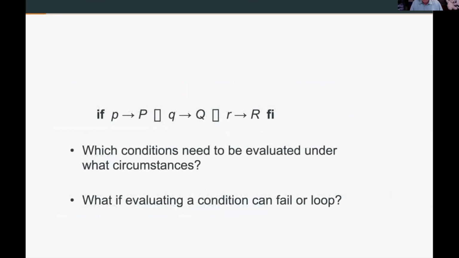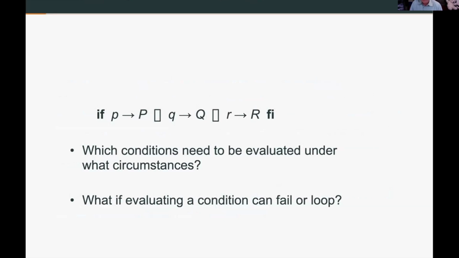it was intended. So what I want to be able to express is different ways of specifying how the conditions are evaluated and which command is executed and under what circumstances.